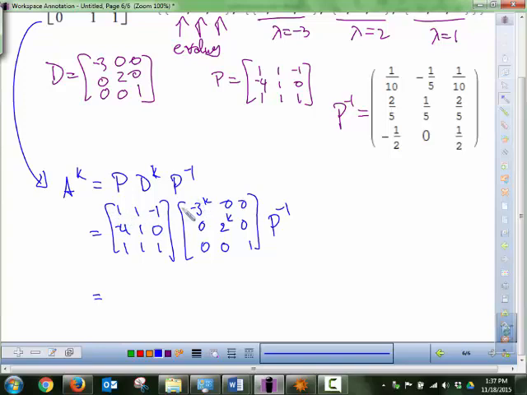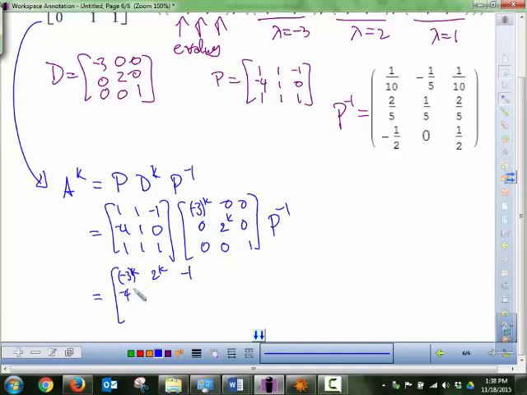We got 1 times negative 3 to the k. I should put parentheses around this negative 3 to the k just so it's clear that that's being raised to the kth power. So if it's an even power, it becomes positive. The second one is 2 to the k, and then negative 1.